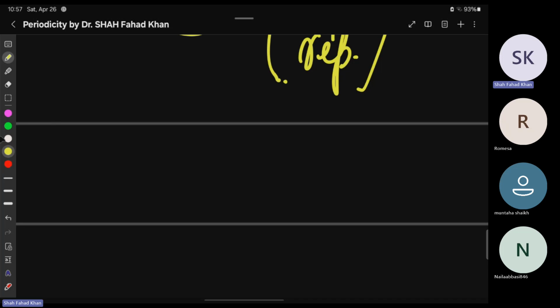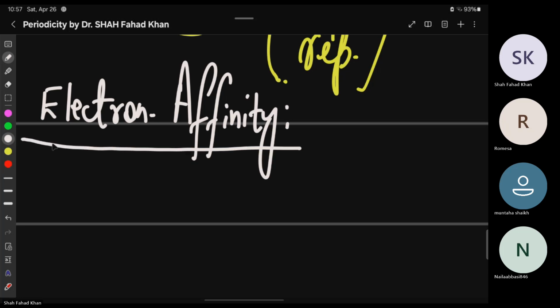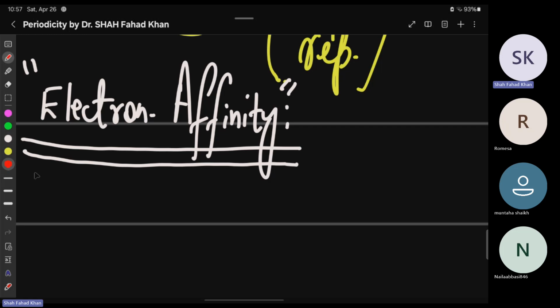I'm pretty sure you guys might have an idea of what electron affinity is. What is electron affinity? It's the opposite of ionization energy. How would you frame the definition of electron affinity?